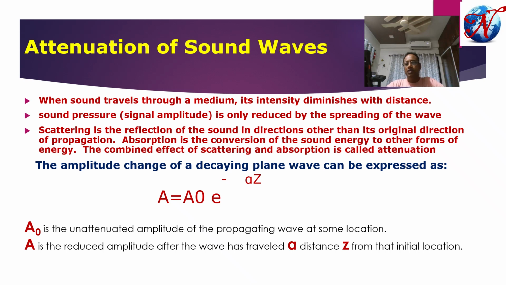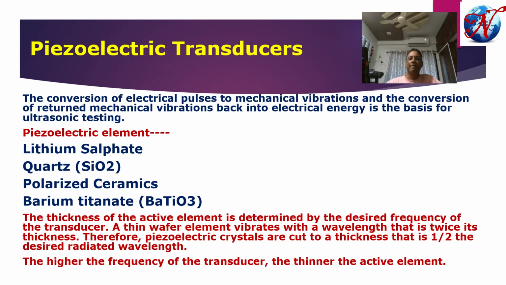The percentage of the loss in intensity or energy is related by the attenuation law and the formula A equals A0 into e to the power minus alpha into Z, that we apply, where alpha is the attenuation coefficient and Z is the penetrated thickness or distance in which you are going to calculate the intensity. A0 is the unattenuated amplitude and A is the attenuated amplitude.